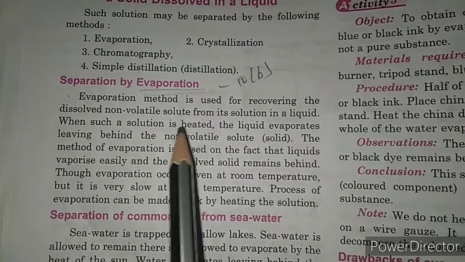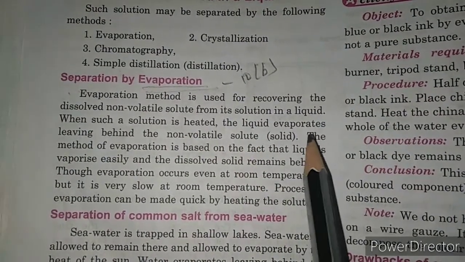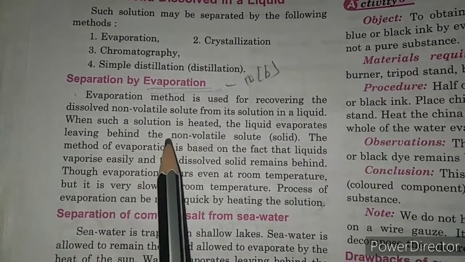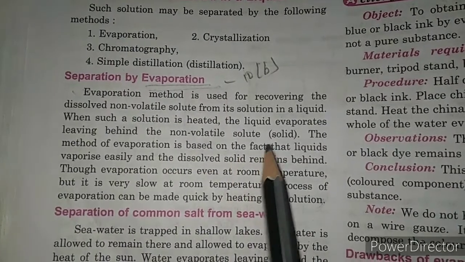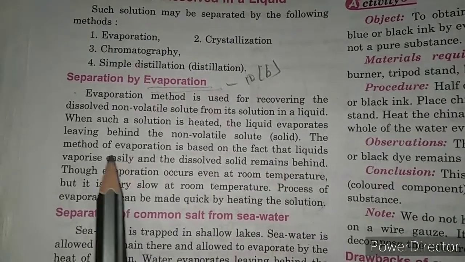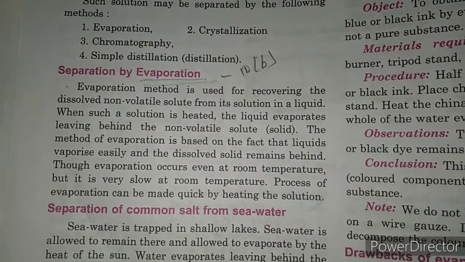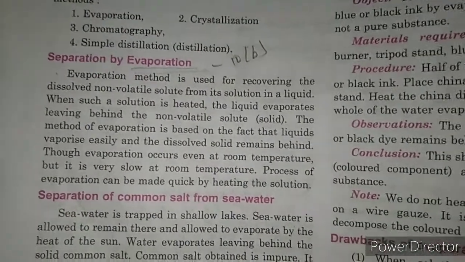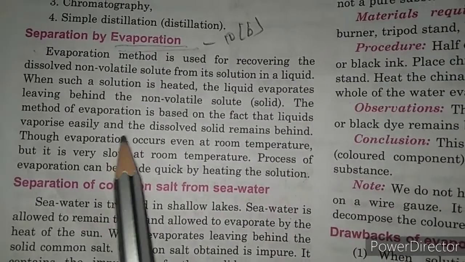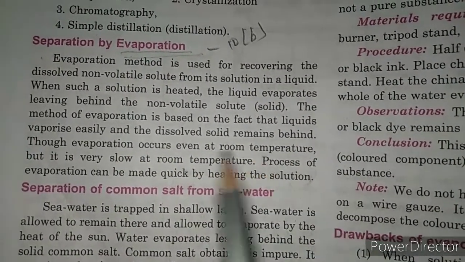When such a solution is heated, the liquid evaporates, leaving behind the non-volatile solid. The method of evaporation is based on the fact that liquids vaporize easily and the dissolved solid remains behind.